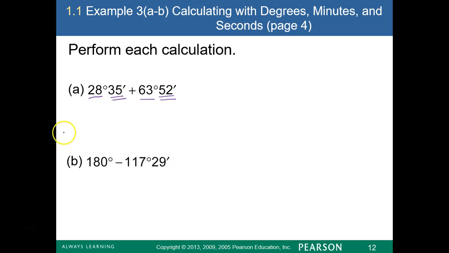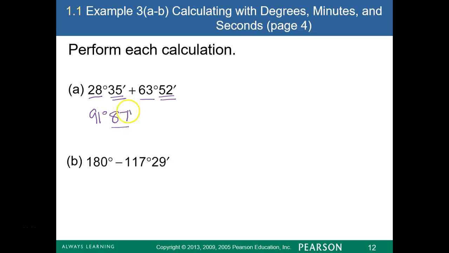So 28 plus 63 gives us 91. And then 35 plus 52 gives us 87 minutes. Now, this number right here is what we need to simplify a little bit further. 87 minutes is much greater than 60.